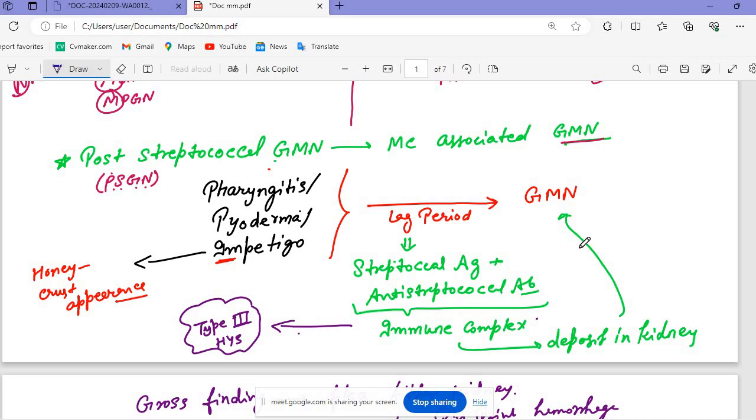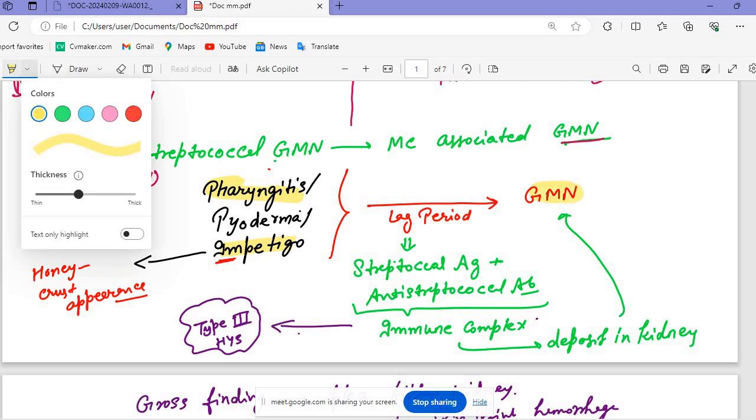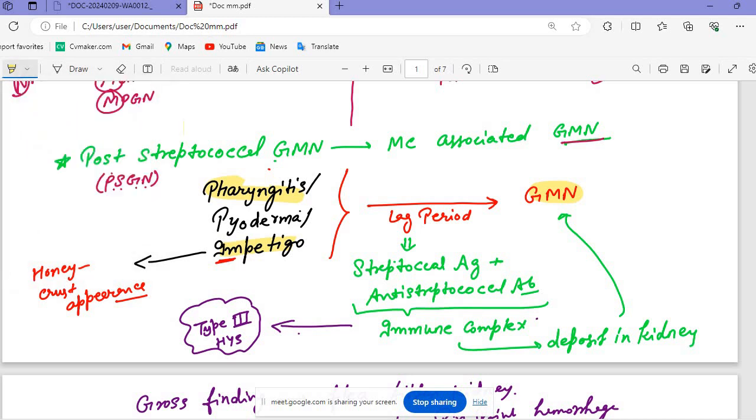Post-streptococcal glomerulonephritis: post-streptococcal means after streptococcus, pharyngitis, pyoderma, impetigo. I am highlighting the point; you should also highlight it. If we get pharyngitis, pyoderma, or impetigo, we get glomerulonephritis. There will be immune complex deposition in the kidney, and that will be the glomerulonephritis.